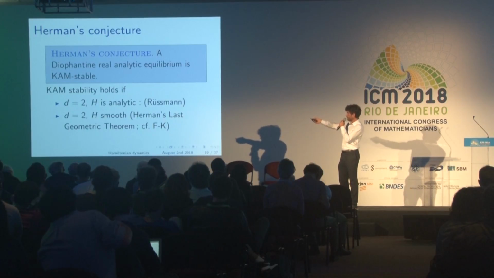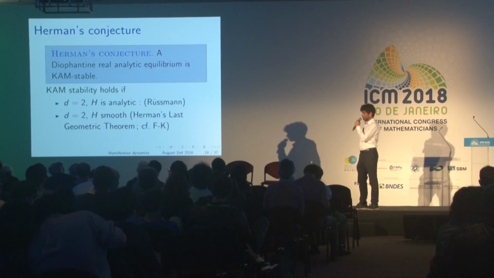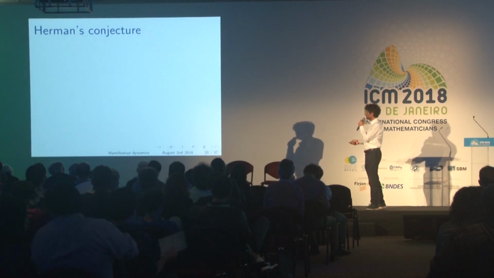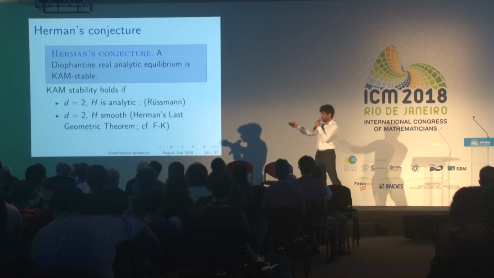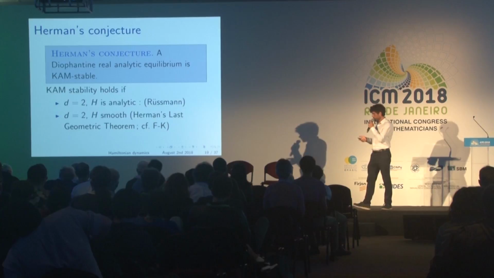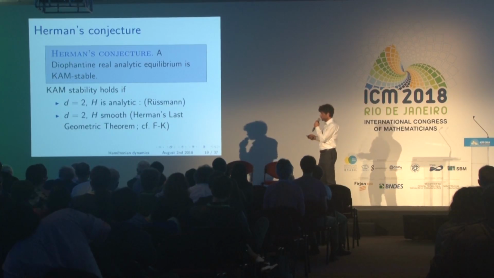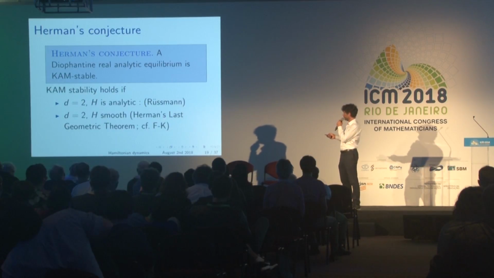And this shows how the low dimension is very special, even for smooth. So even for smooth systems in 2 degrees of freedom, Diophantine condition implies KAM stability, in the strong sense, with density 1 of tori in the neighborhood of the origin.